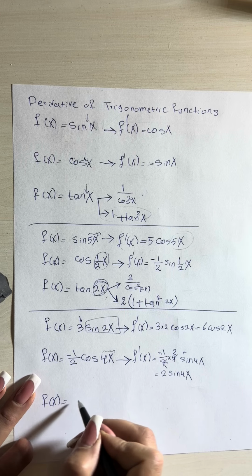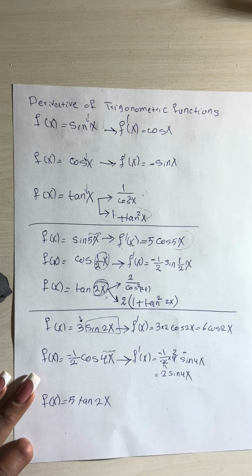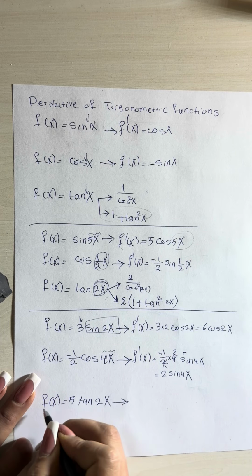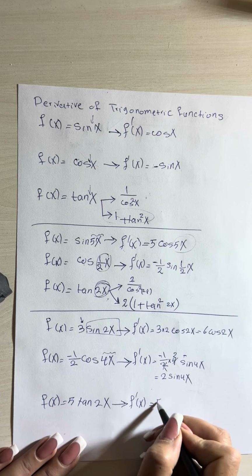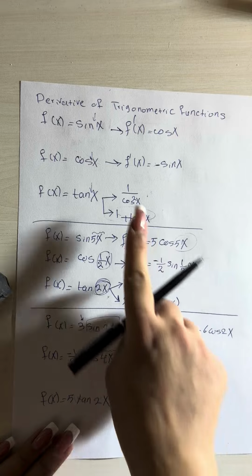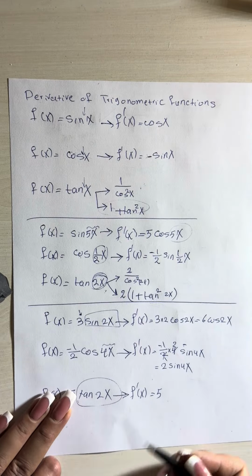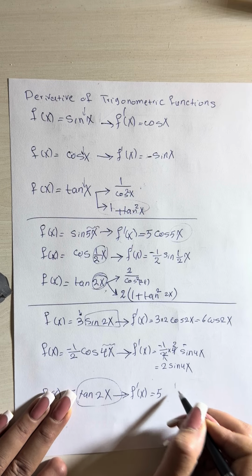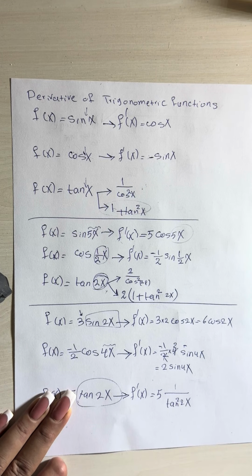Let's see, 5 tan 2x. Okay, f will become f prime, keep the 5. For example, I'm going to use this one. So tan will be 1 over cosine square 2x times the derivative of the angle.